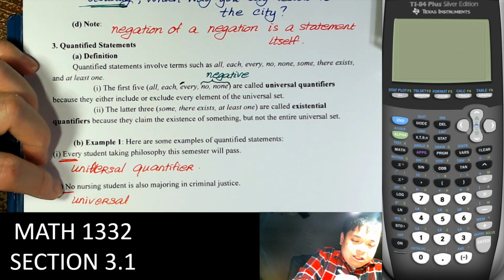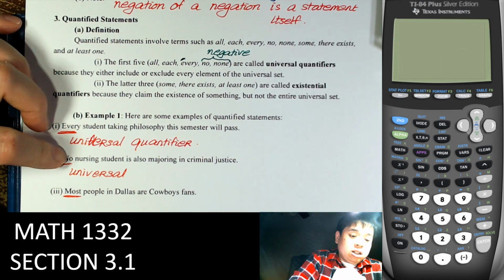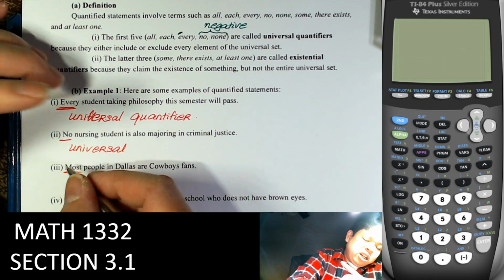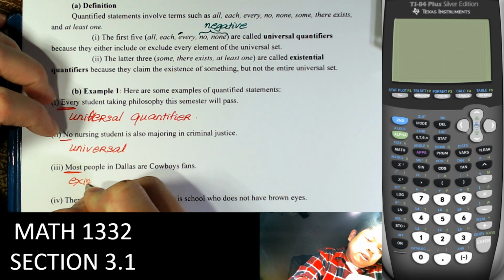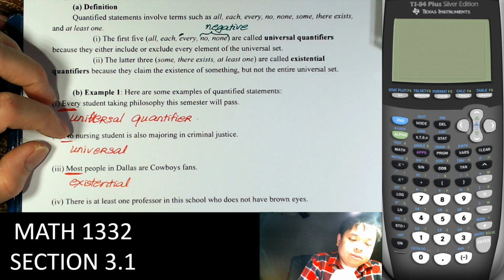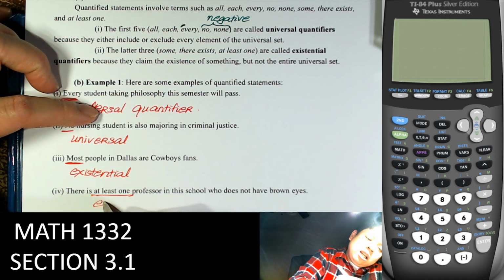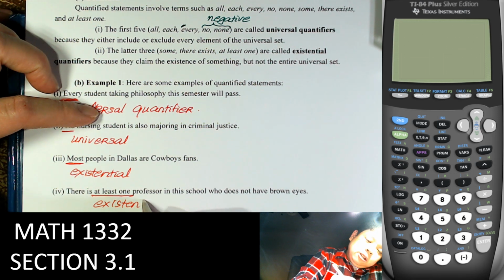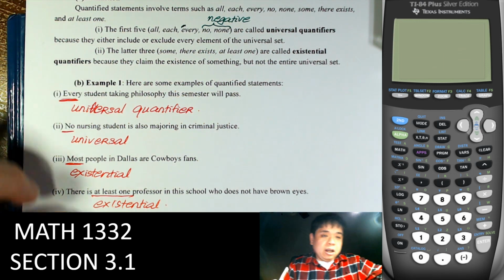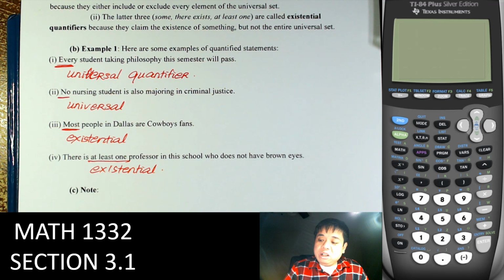And next, most. So this is not all and not none. So there's something in between. So that is an existential quantifier. And there's at least one. So that is also existential. I put the note here just to indicate that some quantifiers might carry negative meaning, like no or none.